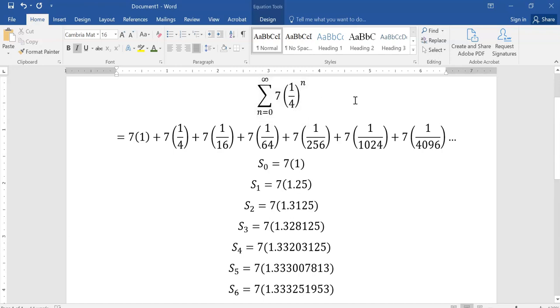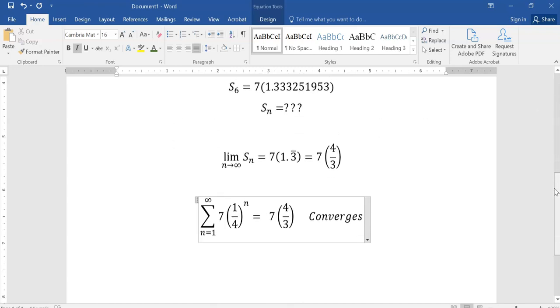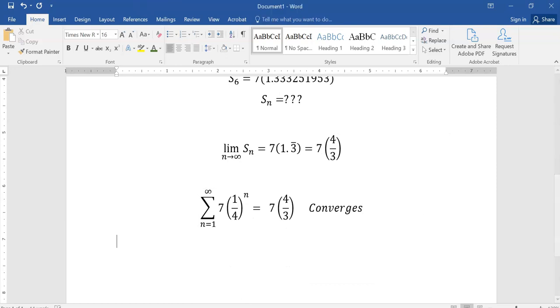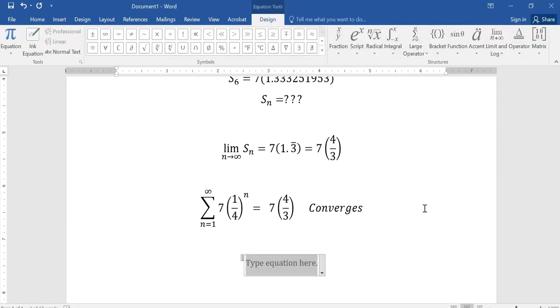How does 4/3 and 1/4 go together? Well, if you think about 1 minus a fourth, let me go through this. 1 minus a fourth is 3/4.